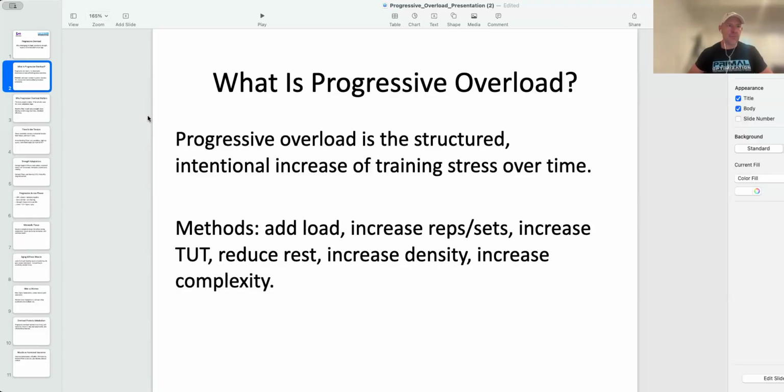And some of you guys have done this and some of you guys have not, but time under tension is manipulating the speed of the movement. So typically we'll put it into a tempo format, and nobody likes doing this, including myself. I don't. It's not a fun part of a workout, but time under tension would be slowing the range of motion or the movement pattern down.